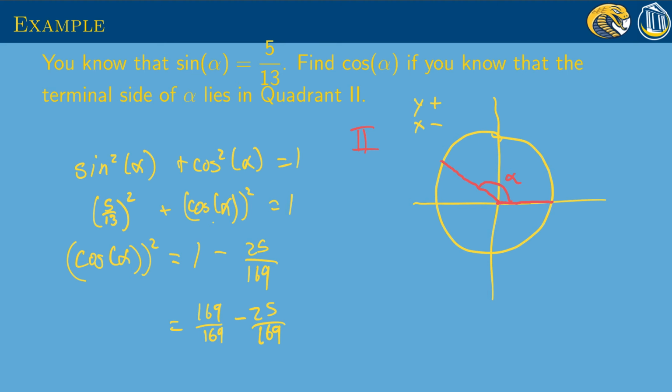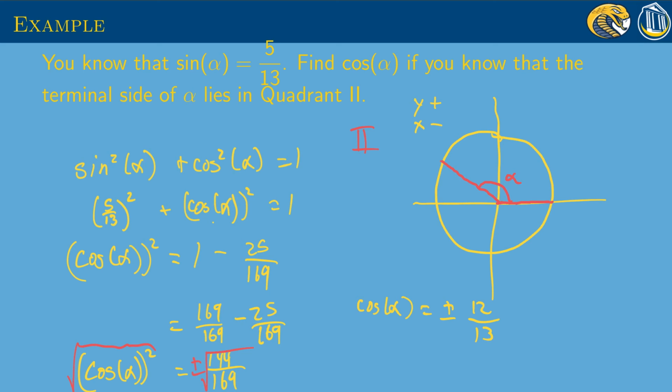And that means that cosine of alpha squared equals 144 over 169. Now we don't want cosine of alpha squared, we want just cosine of alpha. And we've got to remember that anytime we take the square root of a variable, we've got to include a plus or minus. This tells us that cosine of alpha is plus or minus the square root of 144 over the square root of 169.